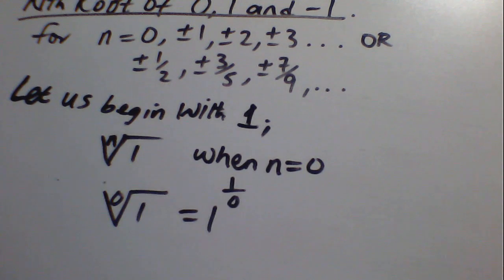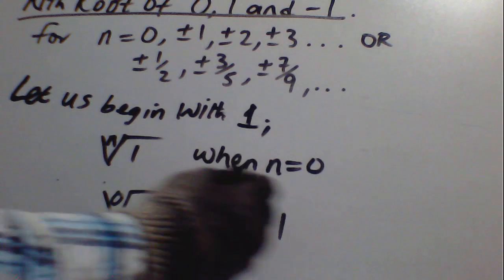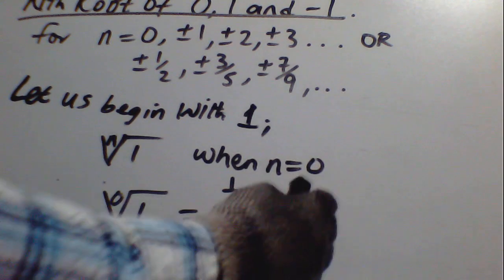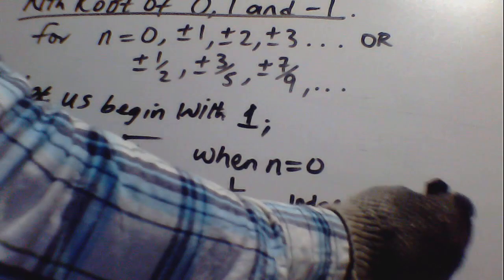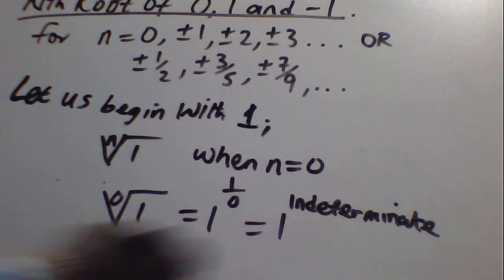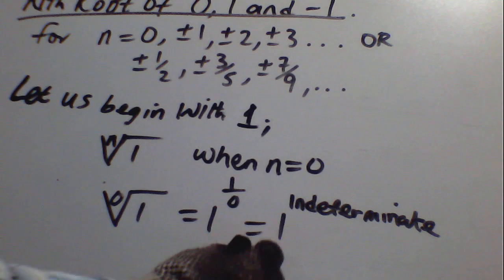So we know that 1 over 0 is indeterminate. That is 1 raised to the power indeterminate. And this will give us what? The result is indeterminate.